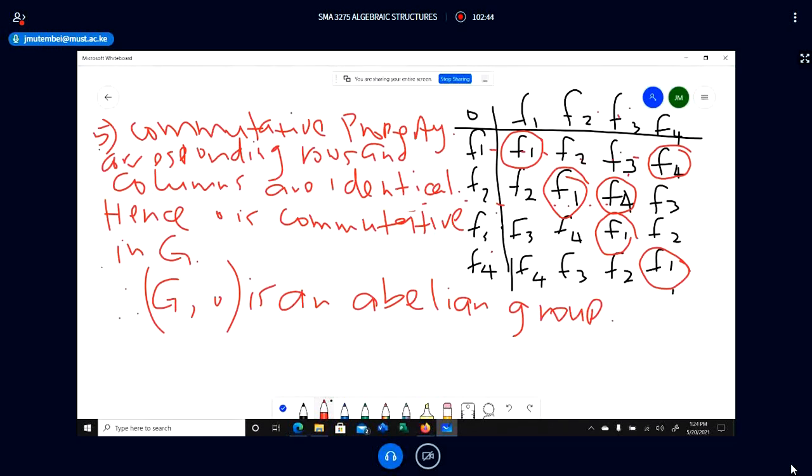So as I said earlier, as long as you have a set and a binary operation on it, and we have defined the various binary operations on sets, then it is possible to show that that algebraic system qualifies to be a group, or an abelian group, or a semi-group, or a monoid.